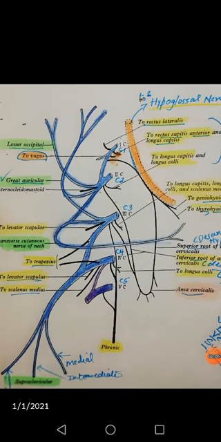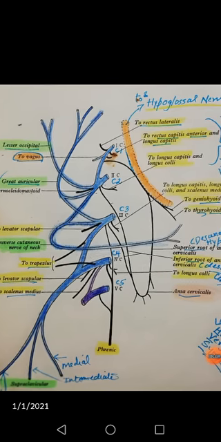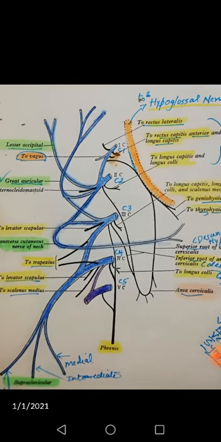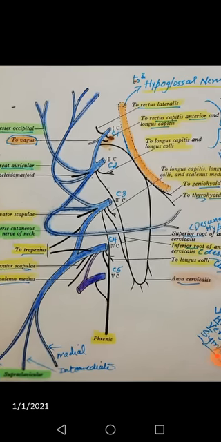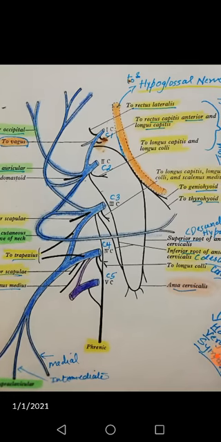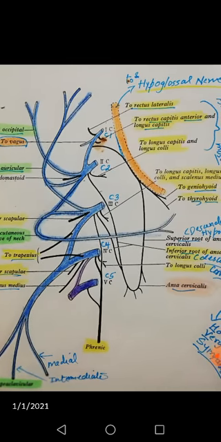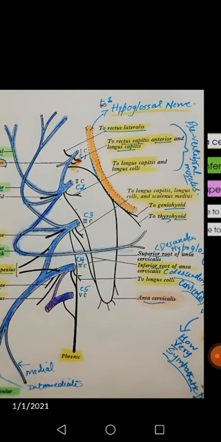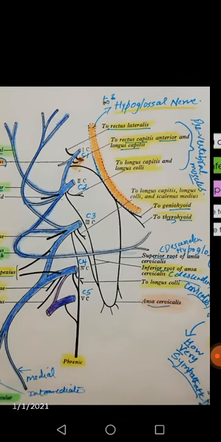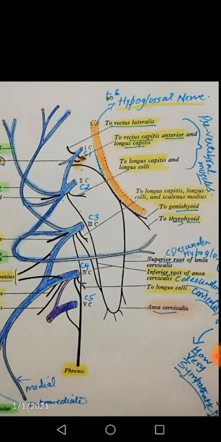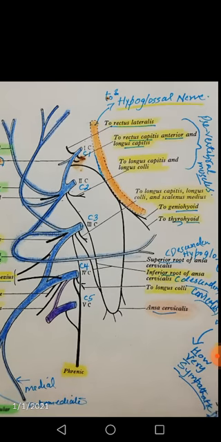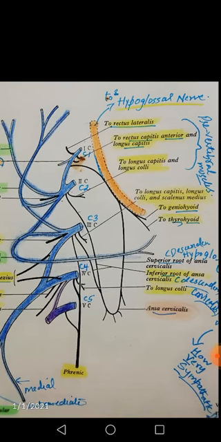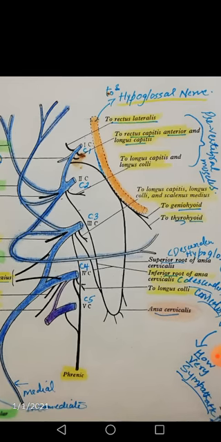Now you can see the motor branches medially, and they supply the muscles. And these are the muscles which are solely supplied by the cervical plexus. You can see here, number one, the rectus capitis anterior, the rectus capitis lateralis and the longus capitis.